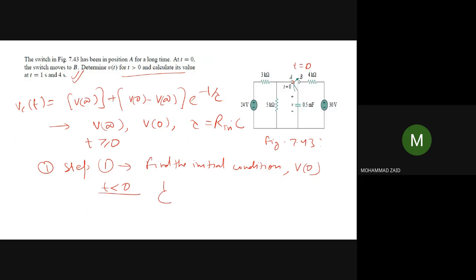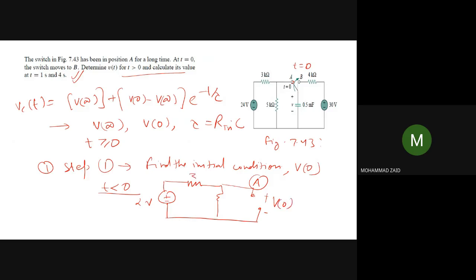First we should draw the circuit. There was a 24 volt source, a 3 kilo ohm resistance, a 5 kilo ohm resistance, and a capacitor. Because the switch was at position A for a very long time, the capacitor should have been charged to some value V0.